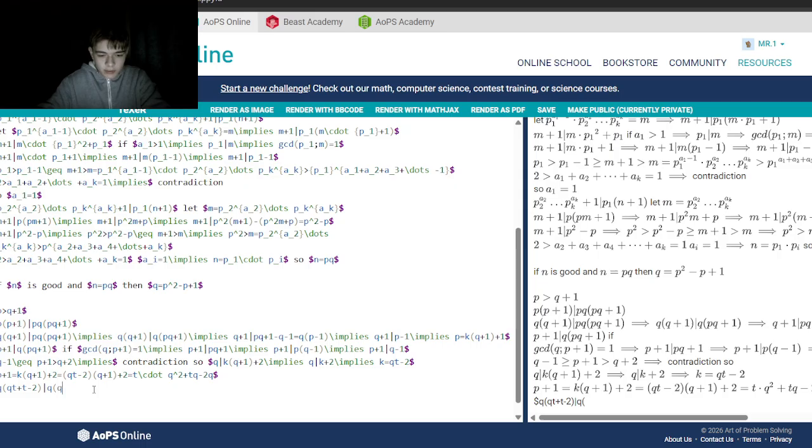So we have q cubed plus q squared t, q squared t minus 2q squared minus q and plus 1.